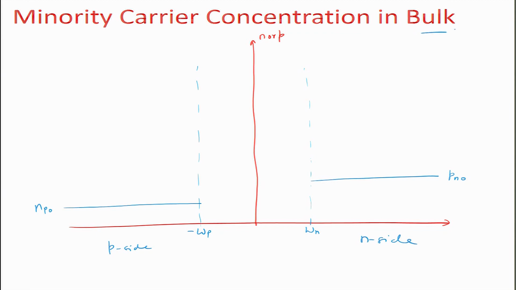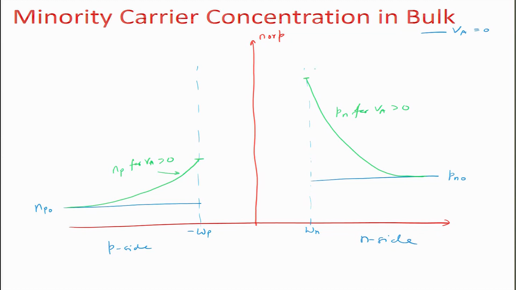So this blue color means Va is equal to 0. When bias is positive, then they have exponential dependence. So this varies like this, and similarly it varies like this. The exponential behavior is there, you can see from the equations. So this is for Np for Va greater than 0, and this is for Pn for Va greater than 0, and this value would be given by the expression that we wrote earlier.